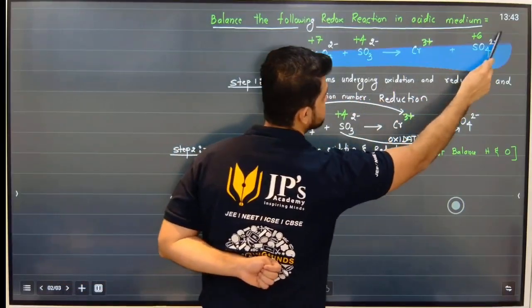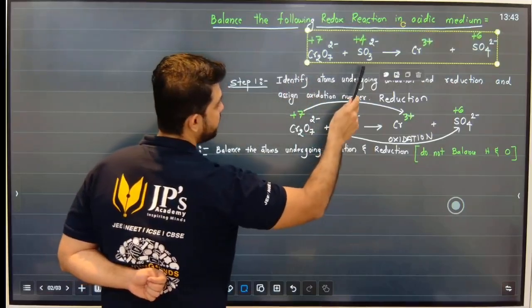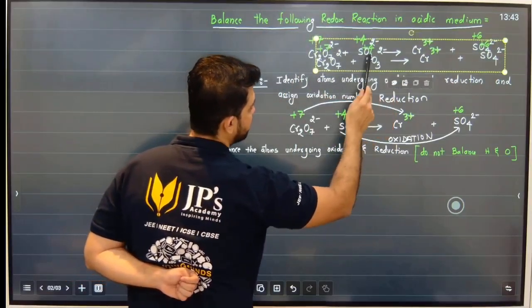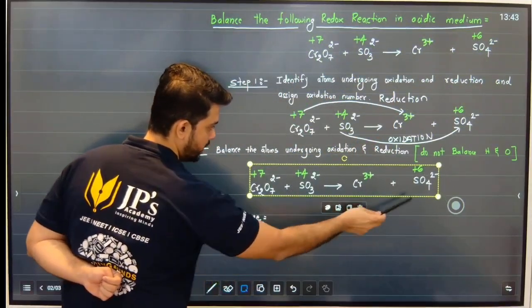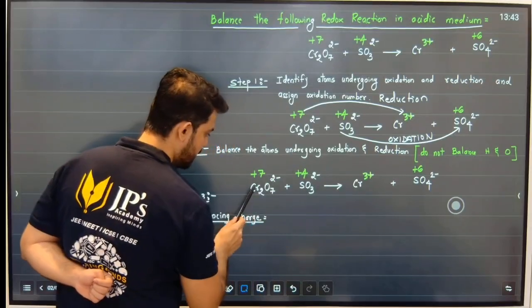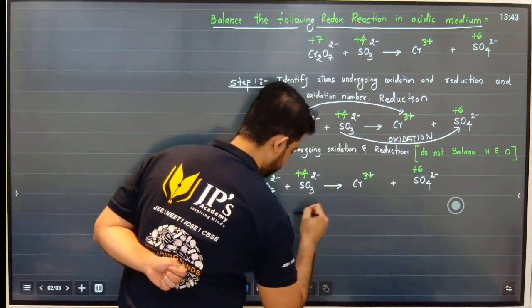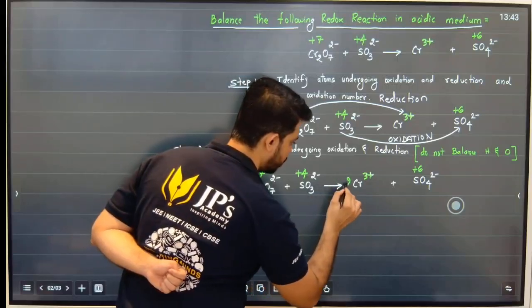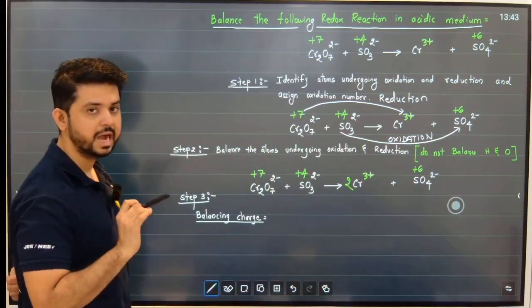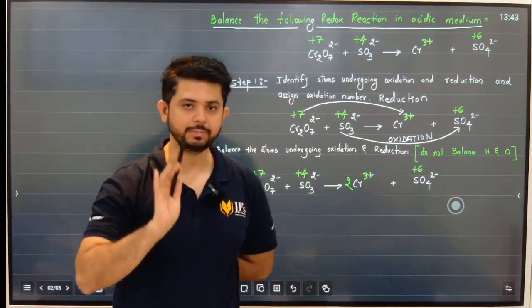Similarly sulfur, left में एक ही sulfur है, right में we have one sulfur. तो sulfur तो balanced है, but यहाँ पे there are 2 atoms of chromium. So here we will multiply by the number 2. I repeat, hydrogen oxygen end में balance करते हैं.